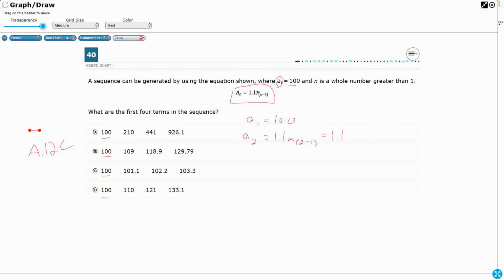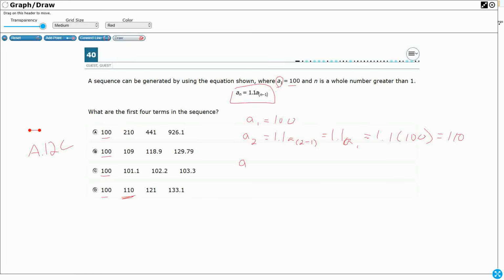That's 1.1 times A sub 1 because 2 minus 1 is 1. What is A sub 1? That's 100. So that equals 1.1 times 100. And so what that means is we're going to take 100, multiply it by 1.1, and we're going to get 110. All right, so as of this, we're done. D is the only one that works, but let me show you how this continues to work.